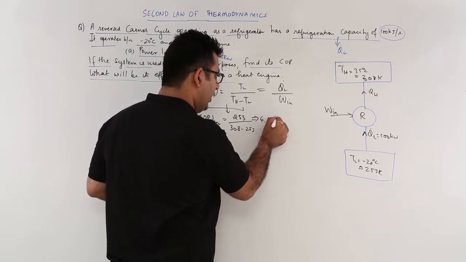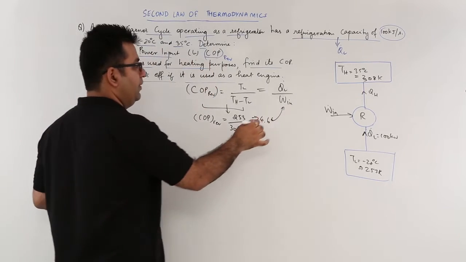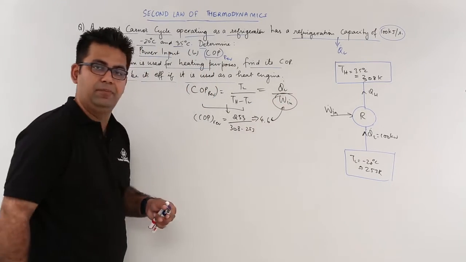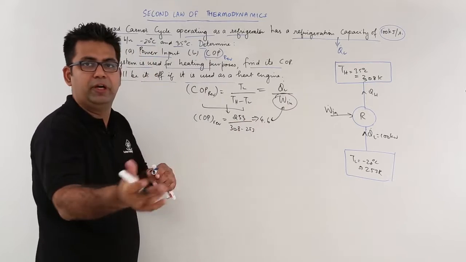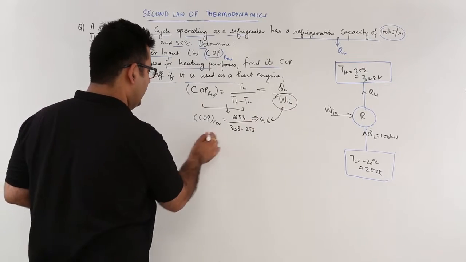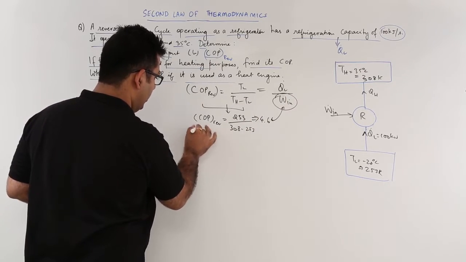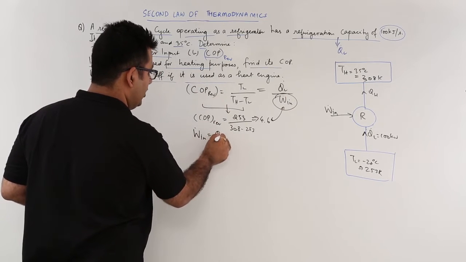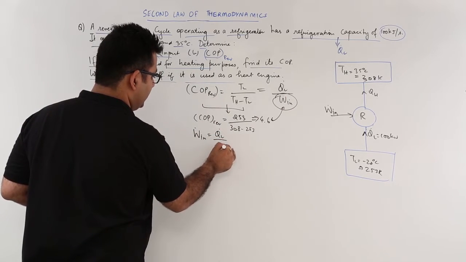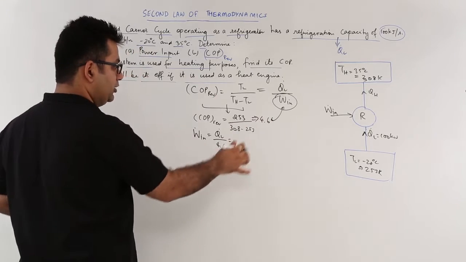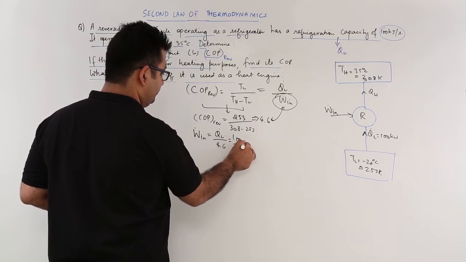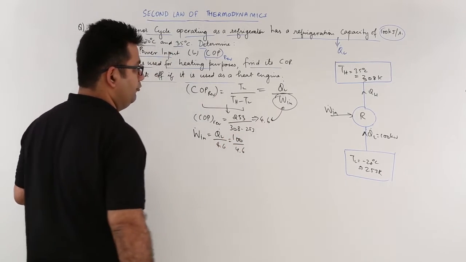Now you equate these two values, so you will be able to find out the power input. That's almost similar to what we did in the previous video. So you get Win dot is equal to QL dot upon 4.6, and QL dot is 100 kilowatts upon 4.6.